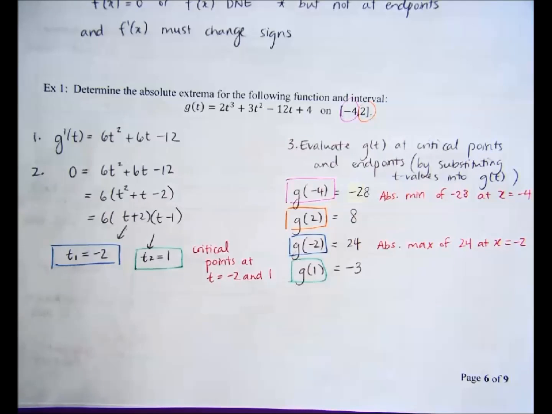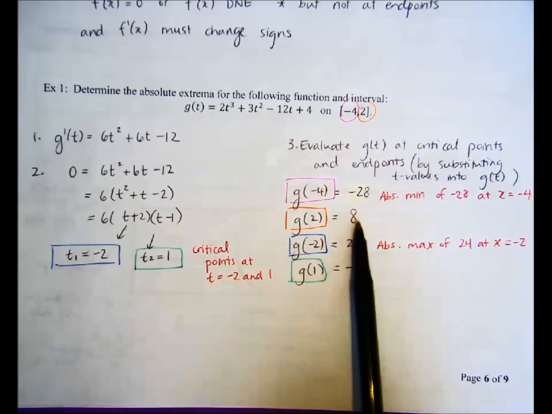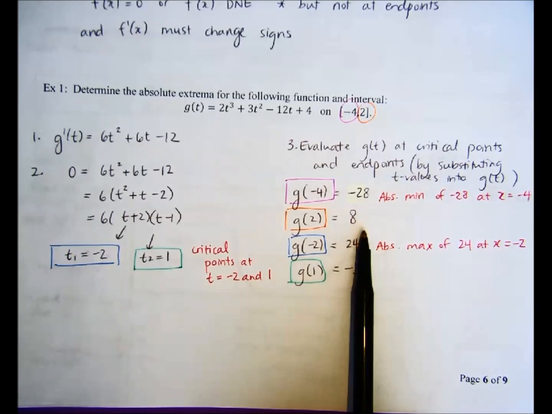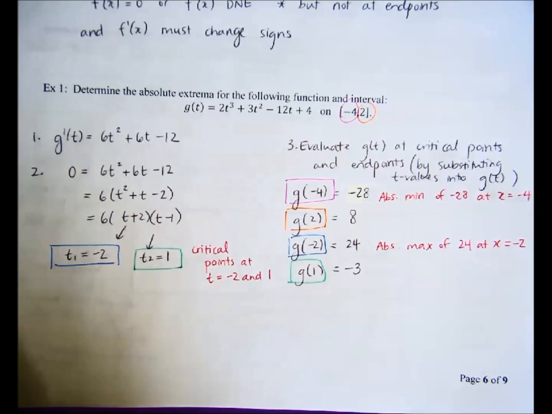So we want to figure out if these 2 points, the 2 remaining values, are anything of importance. Okay. If you notice, this g of 2 equals 8. This is an endpoint. Okay, so endpoints we said cannot be relative extrema. Just keep that in mind.